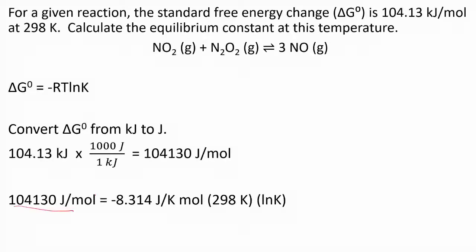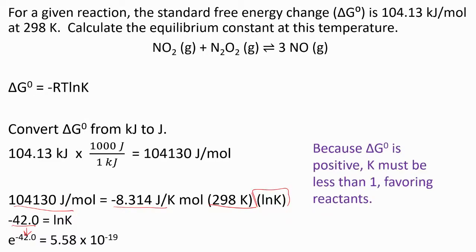So here's our delta G, negative R, T, and then our natural log of K. So when we solve, we get negative 42 equals the natural log of K. So that is e to the negative 42, which equals 5.58 times 10 to the minus 19. So because delta G is positive, which it was, K has to be less than 1, favoring reactants, and my K value is less than 1, which means that reactants were favored.